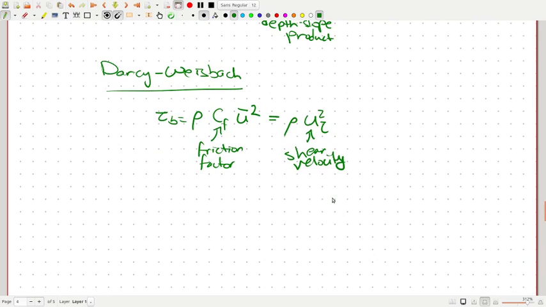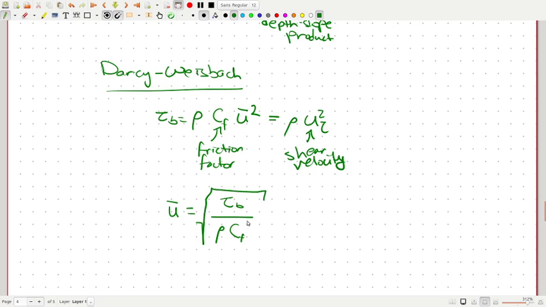Well, what we can see then is that there's a way of then converting between velocities and stresses. And so let's flip this thing around so we can actually solve for u bar. So we have u bar is equal to, and then we have tau b on the other side of the equation, over rho C_f. And I've left a little bit of space because remember we had u bar squared.